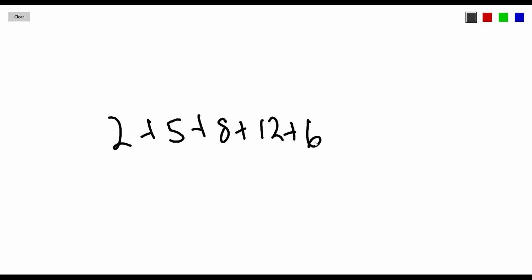We're going to have 2 students who scored in the 51 to 60 range, plus 5 who scored in the 61 to 70 range, plus 8, plus 12, plus 6. All right. So we add all those numbers up together. That would give us a number of 33. So that will be the total students.